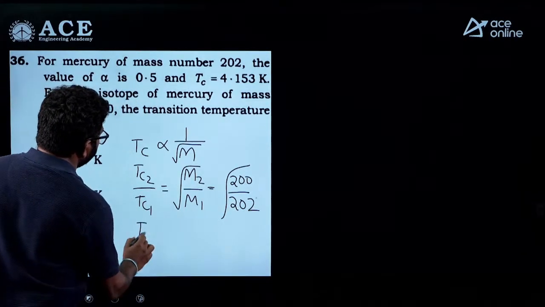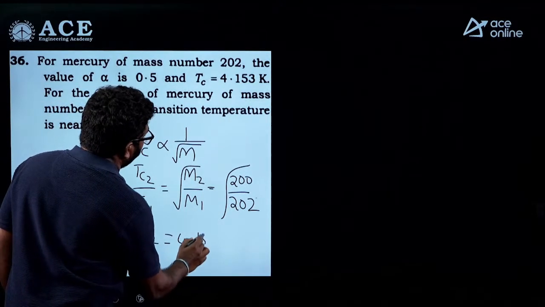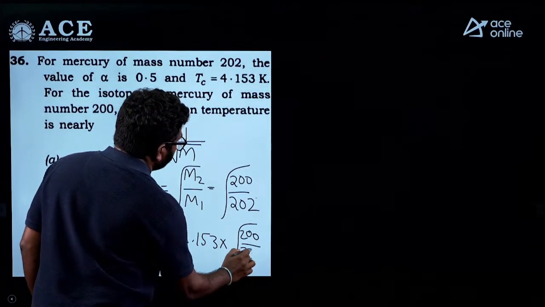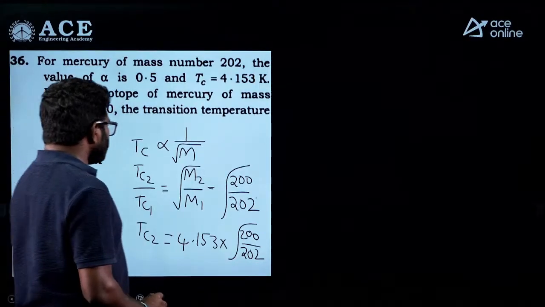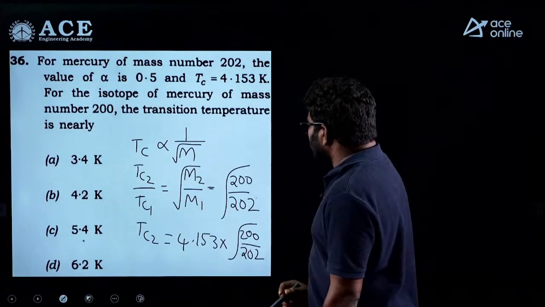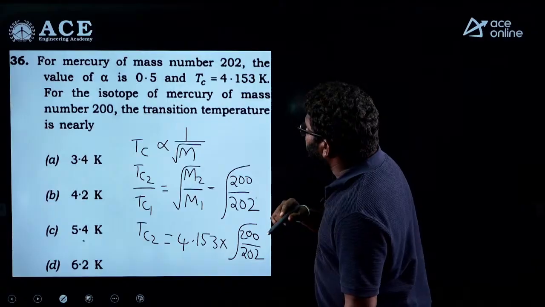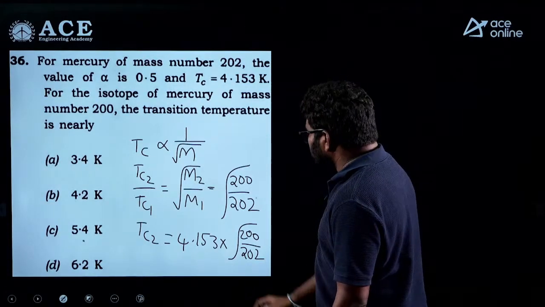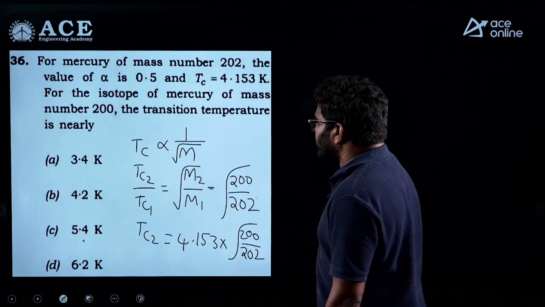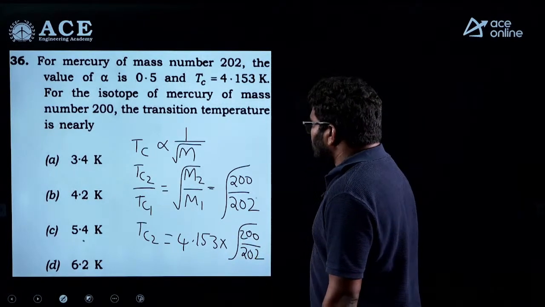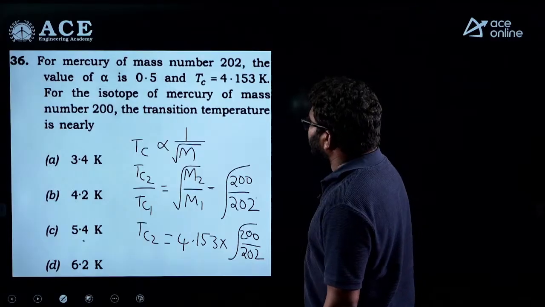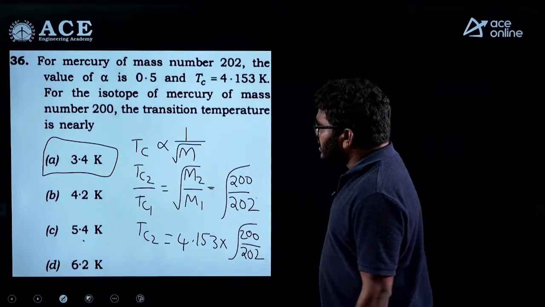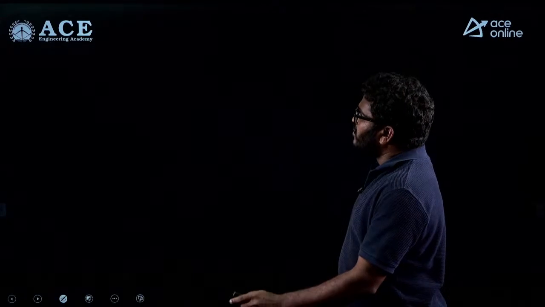So Tc2 is equal to 4.15 into under root 200 by 202. Now we can take here slightly lesser, right, slightly lesser. Under root 200 by 202, given the mercury mass, so slightly less than 4.15. So out of all these options, all are greater than 4.15. So you go with this A option, but you can say nearly this answer you will get actually, right.